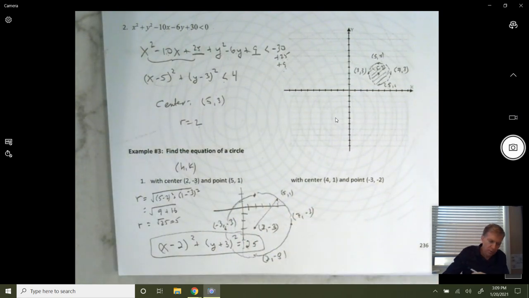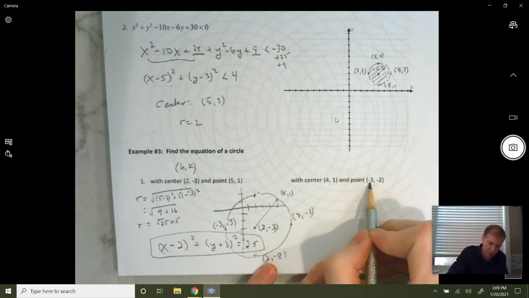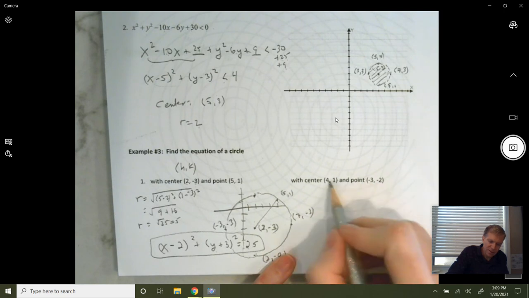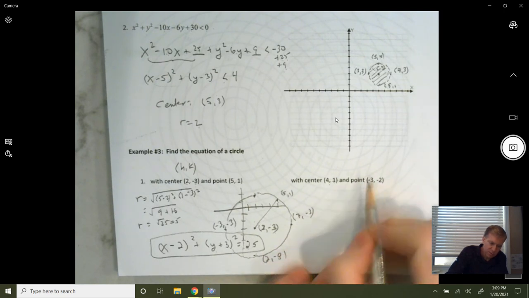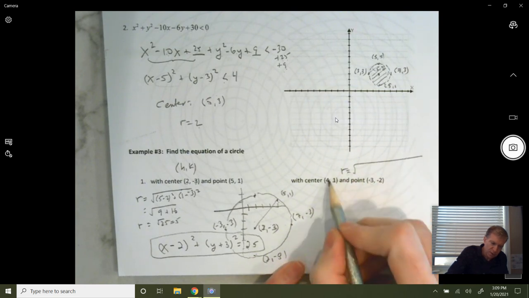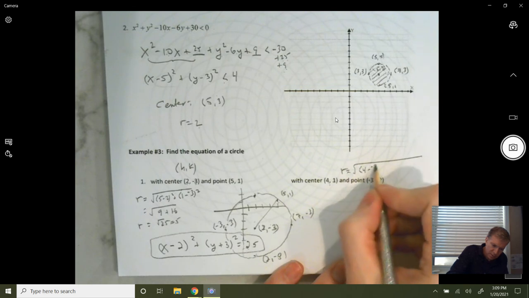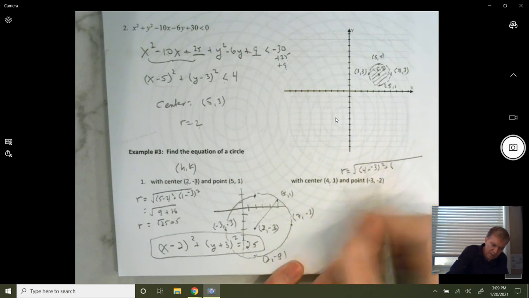You're not required to draw this here, but I just drew it because sometimes that helps you visualize. Okay. Center (4, 1). And a point. Okay. So let's just find the distance between these two. So the distance between these two is going to be the radius, the square root of, let's do 4 minus -3 squared plus 1 minus -2 squared.